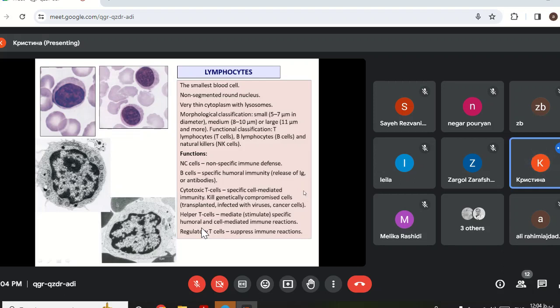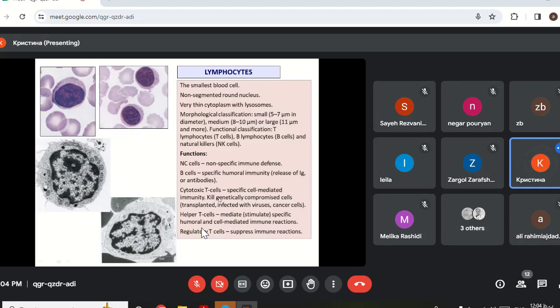They kill genetically compromised cells, such as transplanted cells, cells which were infected with viruses, or cancer cells. All these transplanted, virus-infected, and cancer cells differ from normal cells in their DNA.